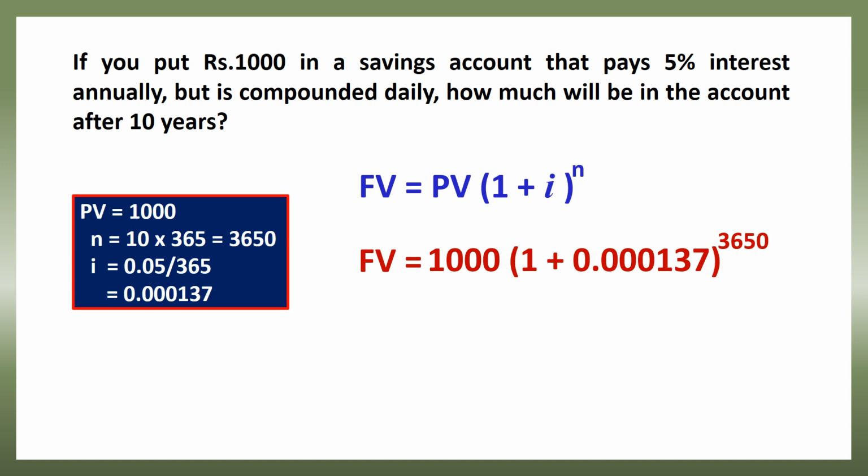And the answer is 1648.7. That means if we invest 1000 rupees in this particular account mentioned in the question and the interest is compounded daily at 5% per annum, then after 10 years, there will be 1648.7 rupees in the account.